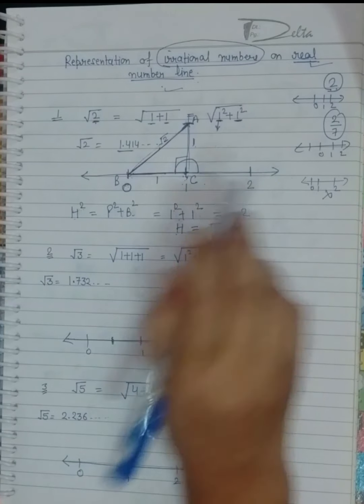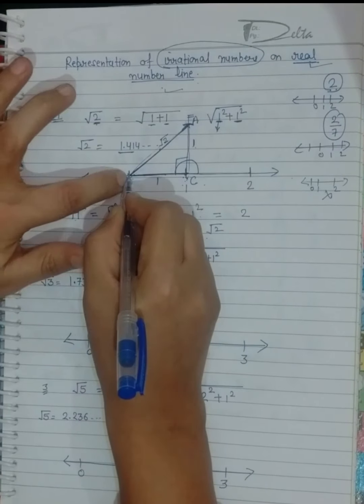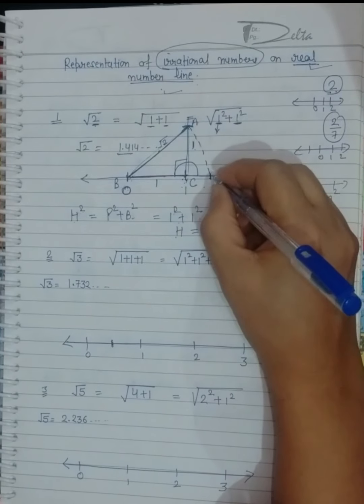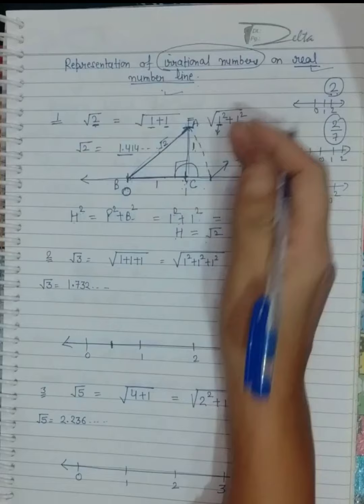So what we will do, we will take a compass, put its needle here and the pencil here, and draw an arc with the help of the compass like this, and the point where it cuts the number line is root 2. So this is the way to represent root 2, an irrational number, on the number line.